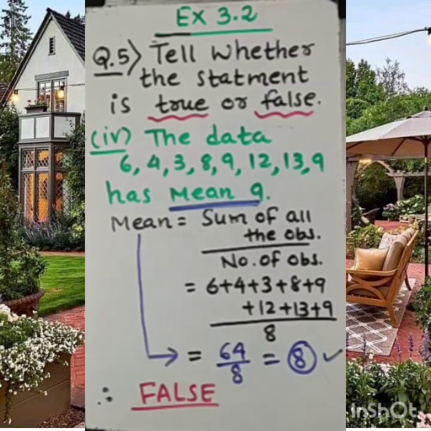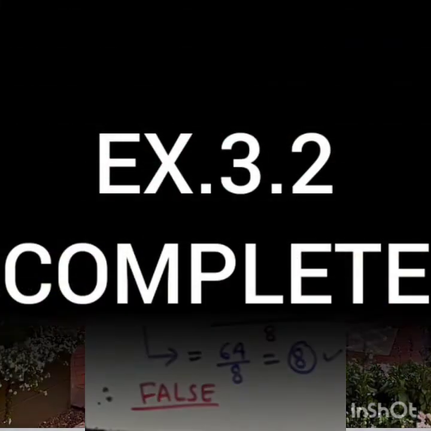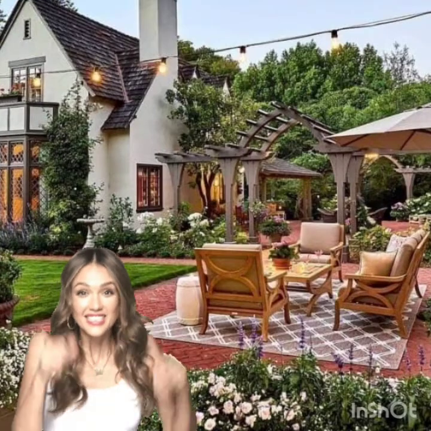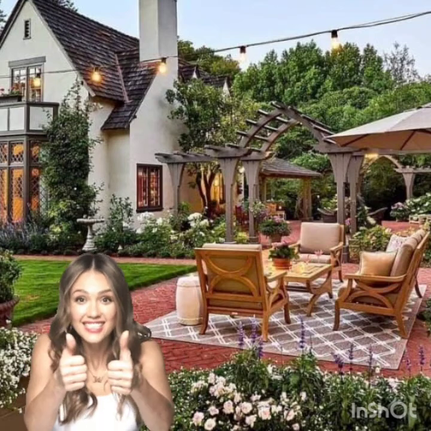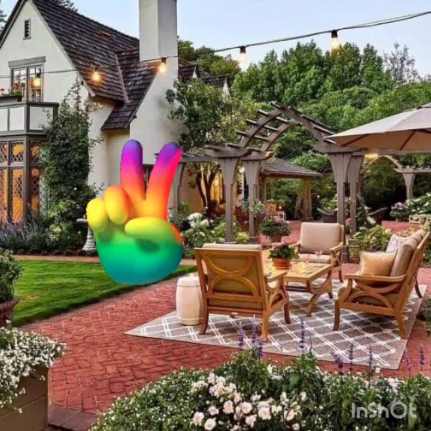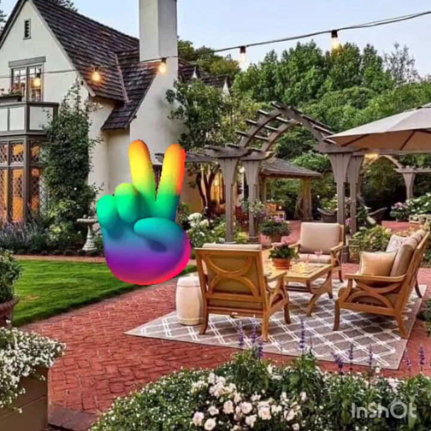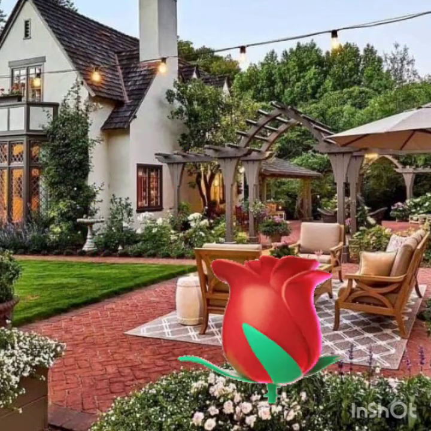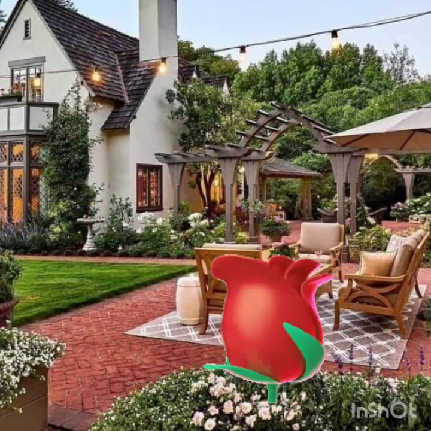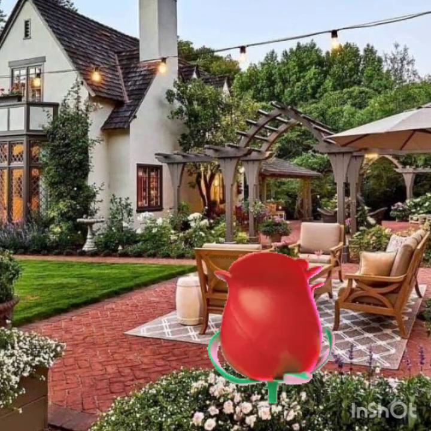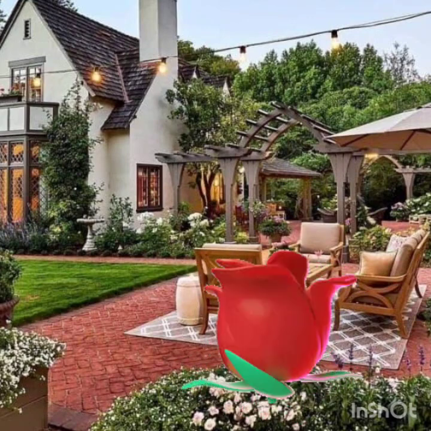So my dear student, here we have successfully completed exercise 3.2. All the questions are very important for the examination purpose and for practice purpose also. So please, dear student, practice all these questions again and again and get perfection in this. Clear to you?